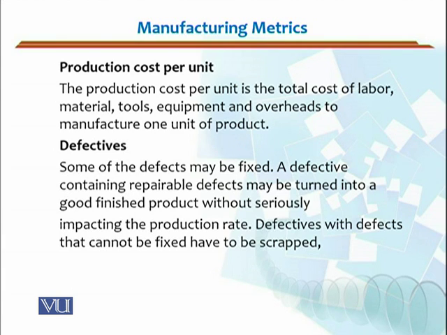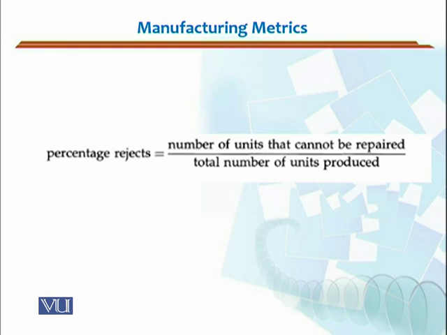But there are defects which are major in nature. Those types of defects cannot be corrected or fixed and they need to be scrapped. So the percentage rejects would be the number of units that cannot be repaired divided by the total number of units produced.